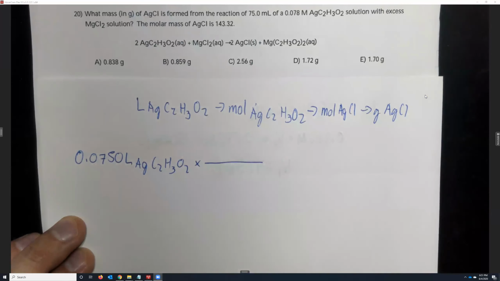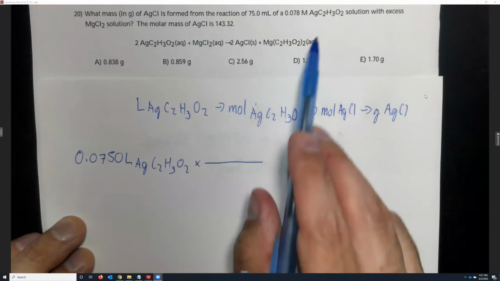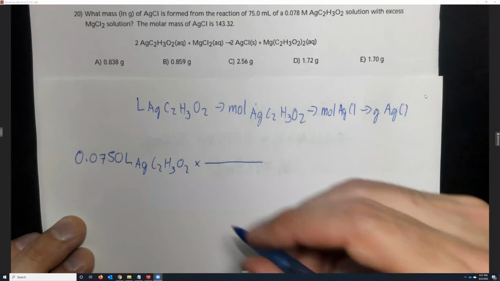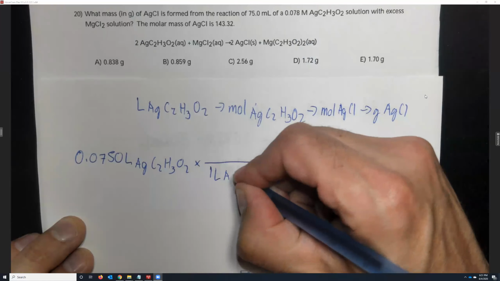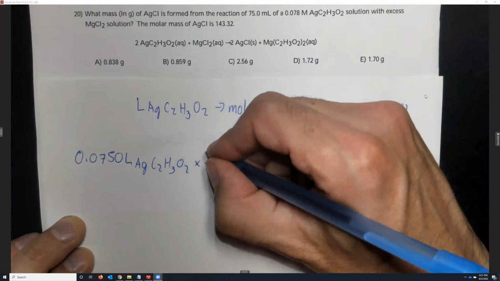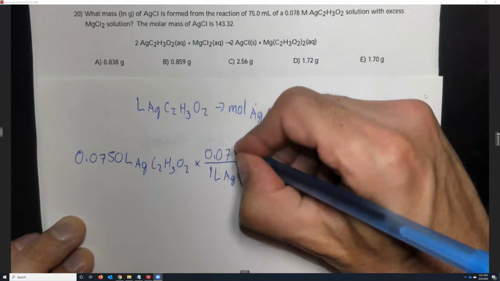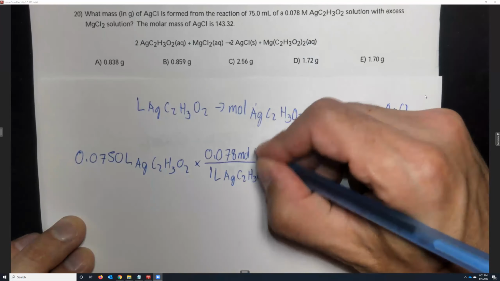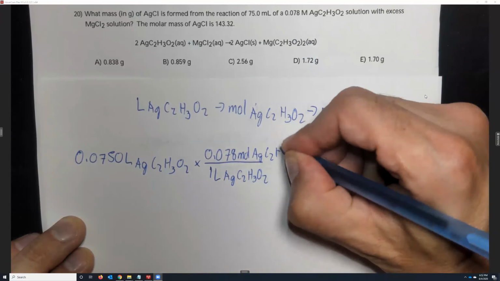We now want to convert this to moles. In order to convert from liters to moles, we're going to use the molarity. So we put 1 liter of this compound on the bottom, and we put the 0.078 moles of this compound on the top.